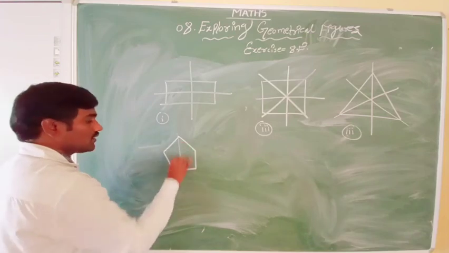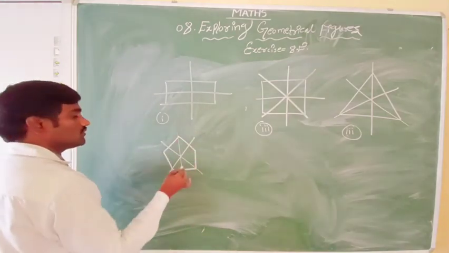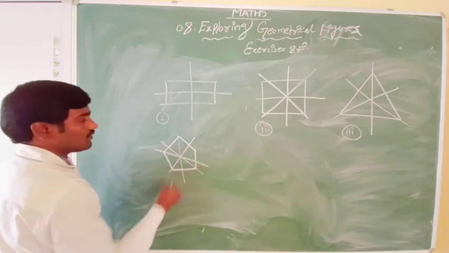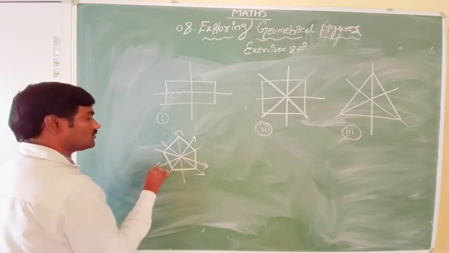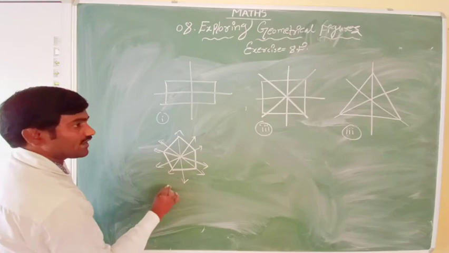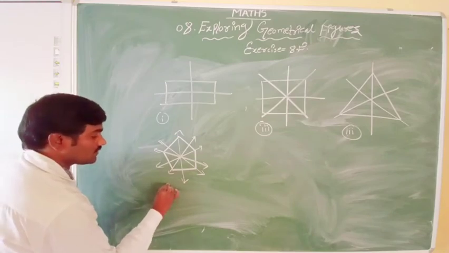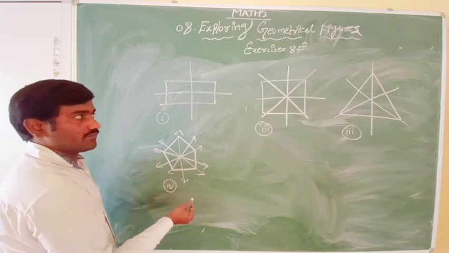From vertex to opposite side, from vertex to opposite side, 1, 2, 3, 4, from vertex to opposite side, 5. So it is a regular pentagon having 5 sides. Yes, this is the fourth one. So it has 5 axes of symmetry.